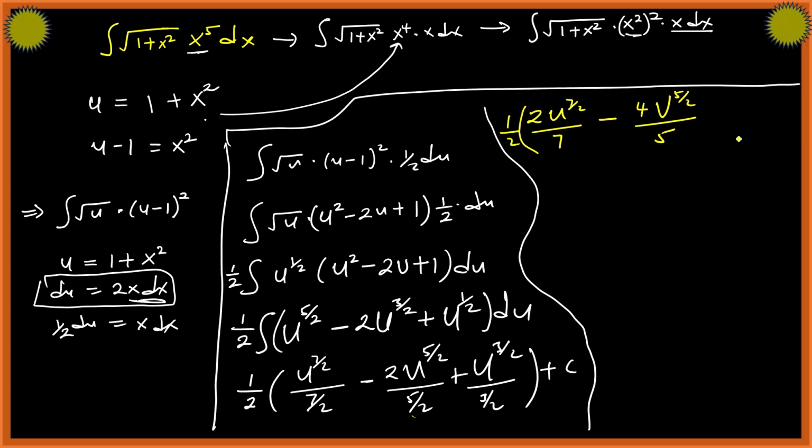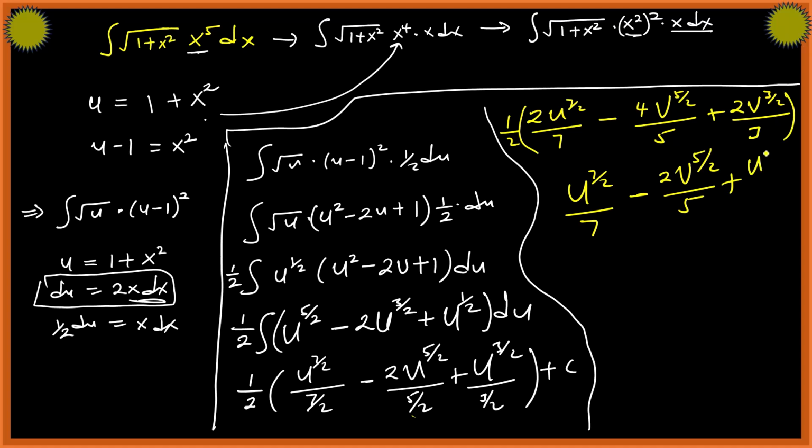And this 2 also multiplies that: 2u to the 3 on 2 over 3. So let's expand. Half times that, these two will cancel, so I will have u raised to 7 on 2 over 7. Half times 4 gives 2u raised to 5 on 2 over 5. Times half, it will cancel these 2, so I will have u to the 3 on 2 over 3 plus c.